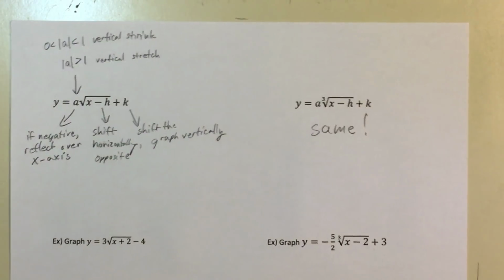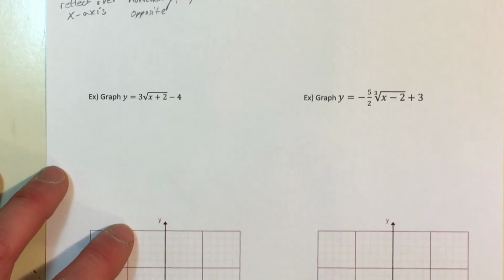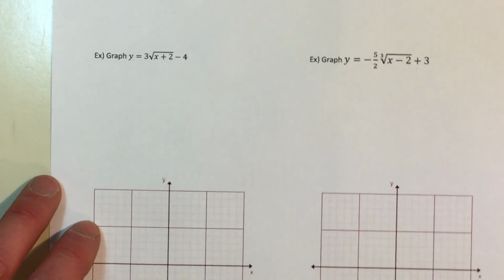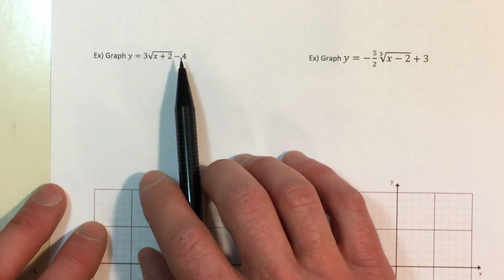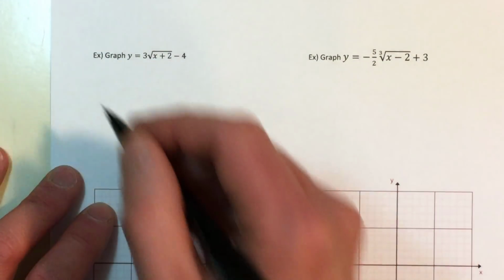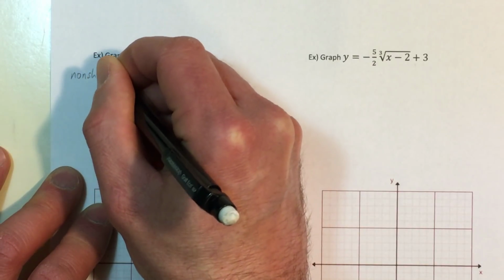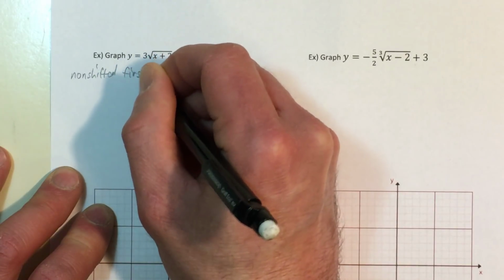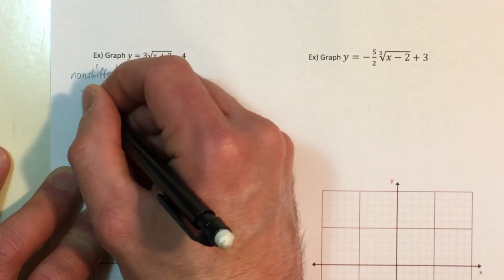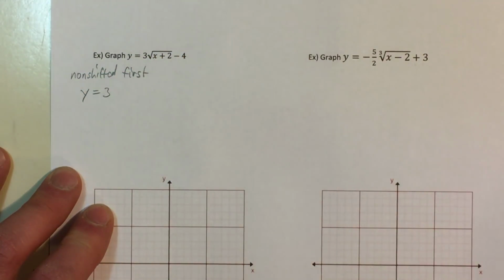Okay, so here's the method we're going to use. When we come across a function that has translations, it has addition and subtraction, what we're going to do is a non-shifted graph first. So the non-shifted graph would be y equals 3 square root x. The 3 doesn't make it shift.